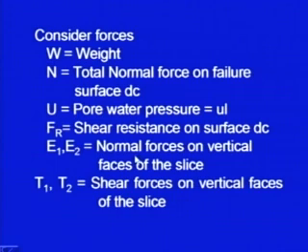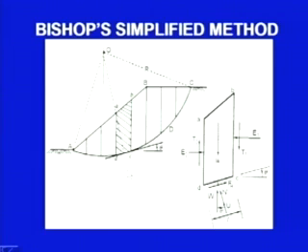E1, E2 are the normal forces on the vertical faces of the slice, and they will be opposite to each other, and T1 and T2 will also be opposite to each other. They are shear forces on vertical faces.